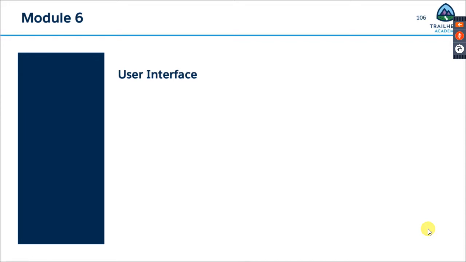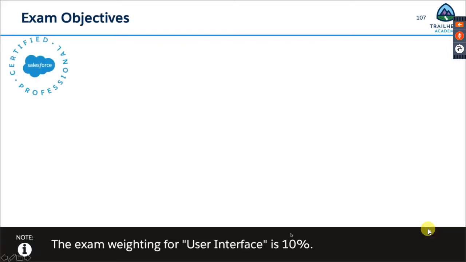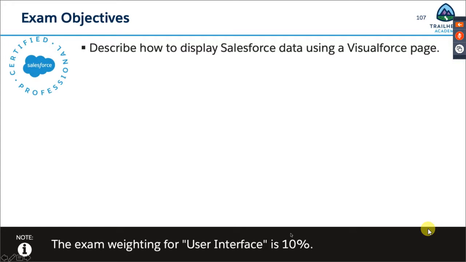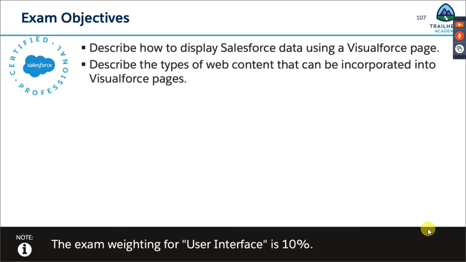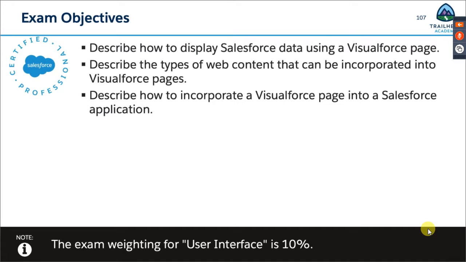What we're going to do now is take a look at the user interface. We're going to talk about how to describe Salesforce using a Visualforce page, how to describe the types of web content that can be incorporated into Visualforce pages, and how to incorporate a Visualforce page in a Salesforce application.